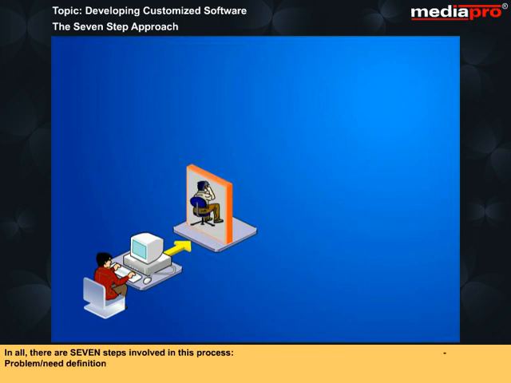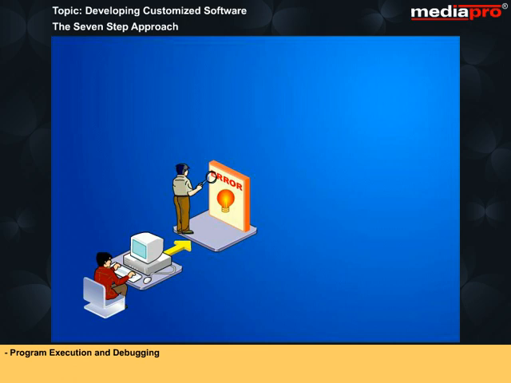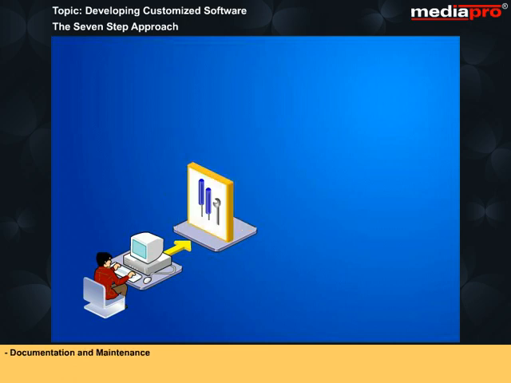In all, there are 7 steps involved in this process: problem or need definition, system analysis, system design, programming analysis, program preparation, program execution and debugging, documentation and maintenance.